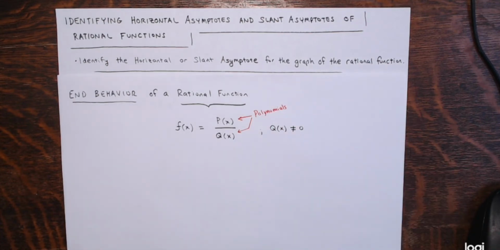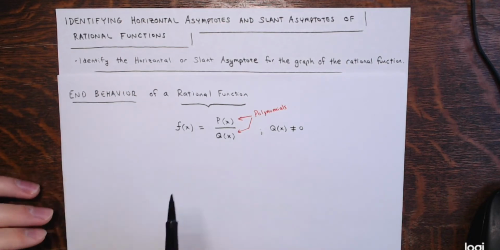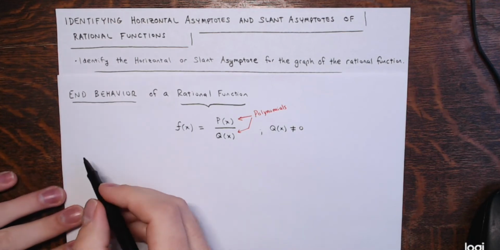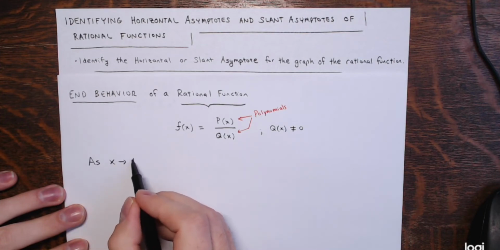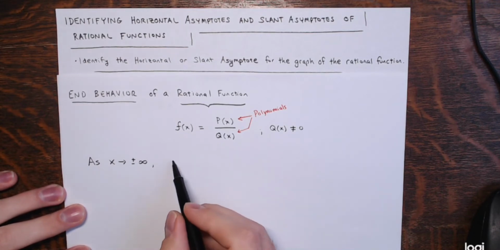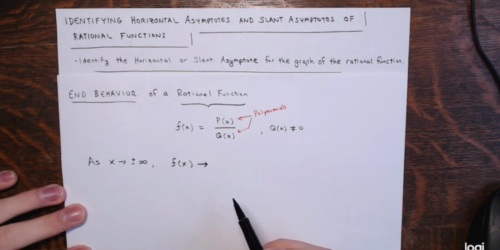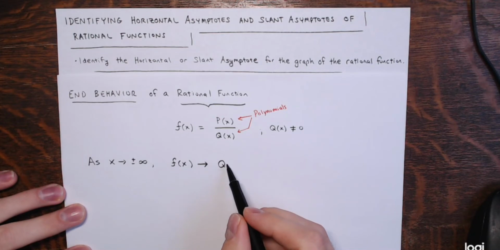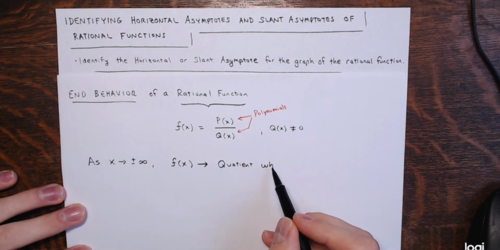I'll tell you right now what the end behavior is going to be like for any rational function. As the value of x goes to infinity or negative infinity, the right end or the left end, f of x will approach the value of the quotient when dividing p of x by q of x.